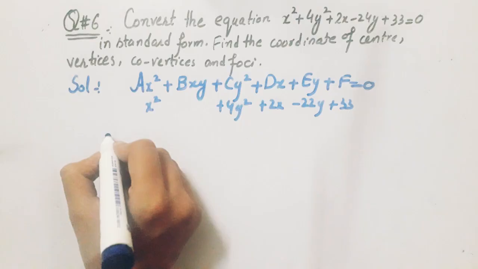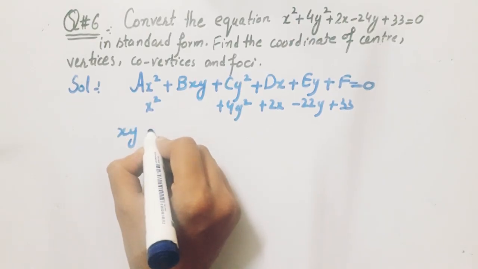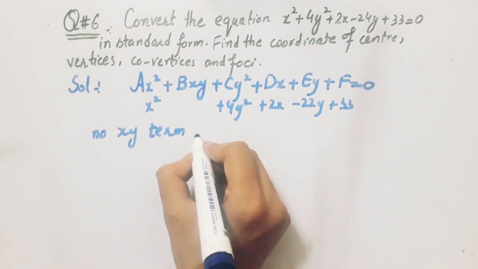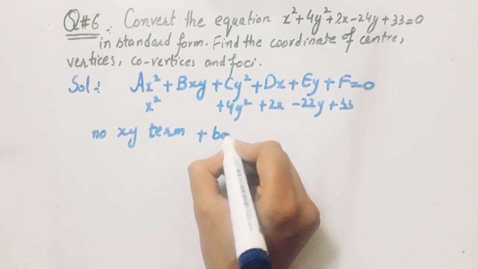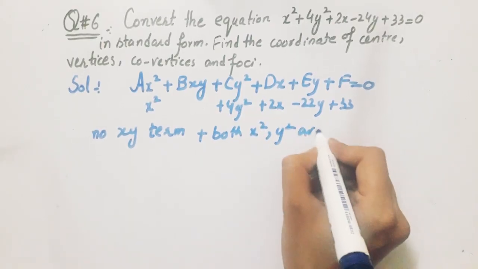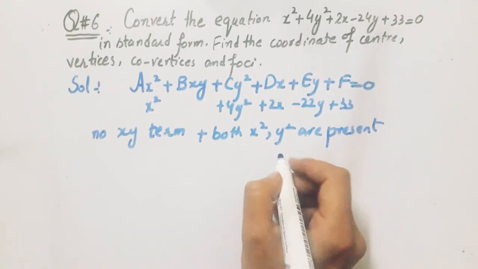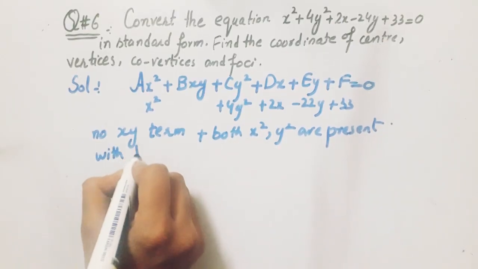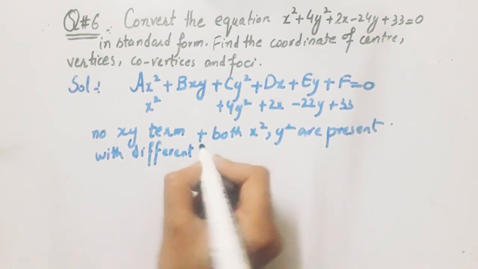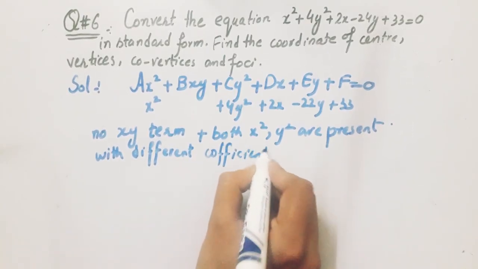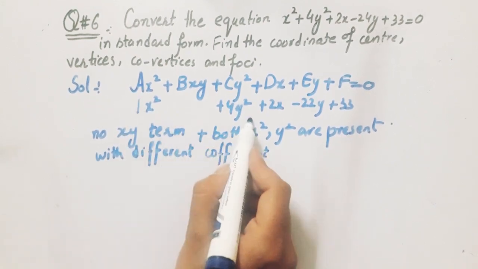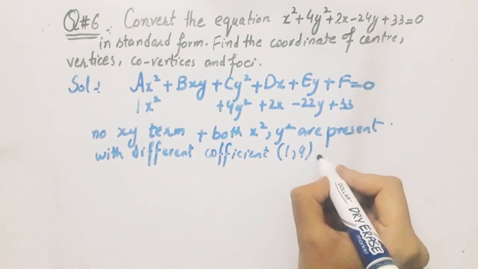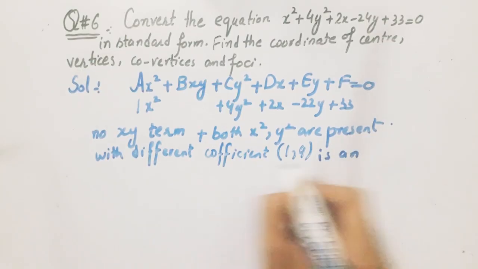In this equation we see there is no xy term, and both x square and y square are present with different coefficients. Like this coefficient is 1 and this is 4, 1 and 4. So this indicates an ellipse.